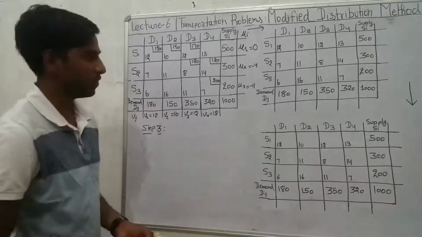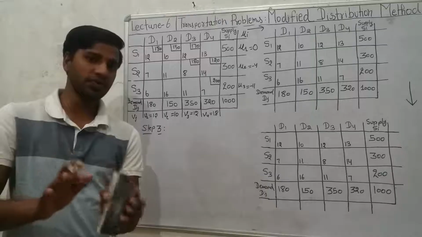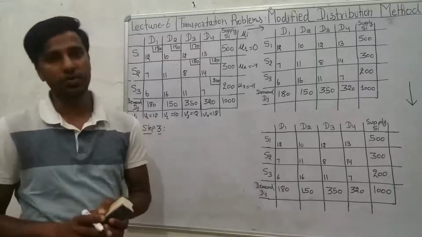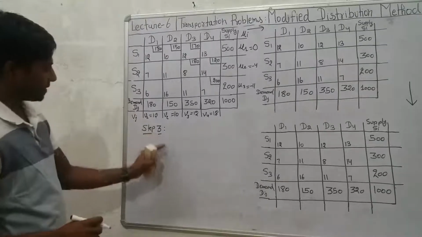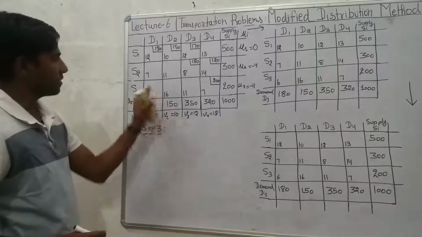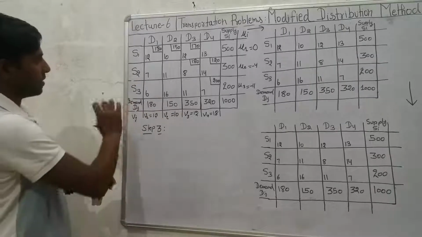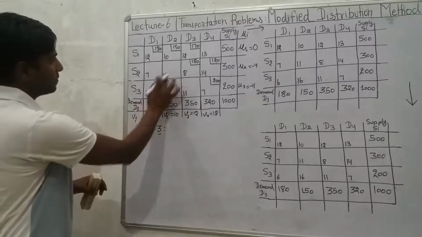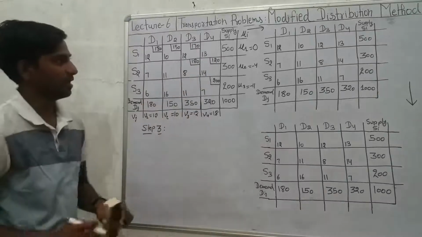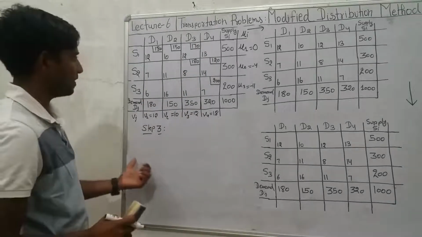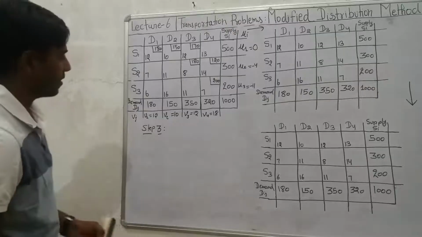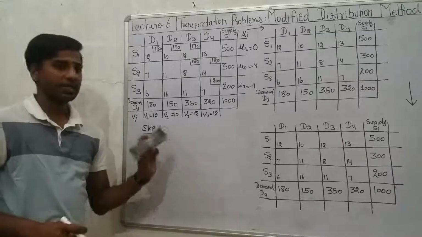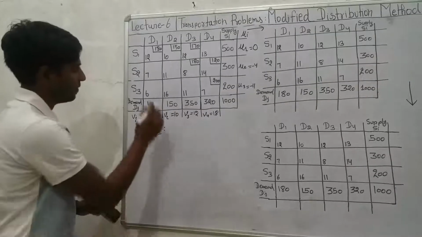Always remember that opportunity cost is calculated only for the empty or unoccupied cells. In this case, there are 1, 2, 3, 4, 5, 6 empty cells, so we need to calculate their opportunity cost. What would be the formula for calculating the opportunity cost of these variables?